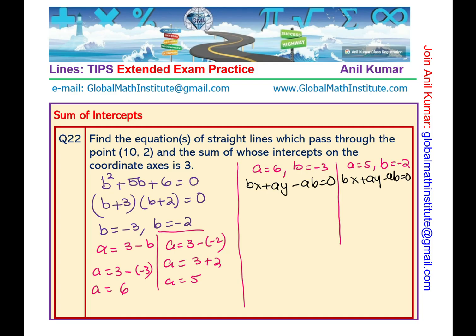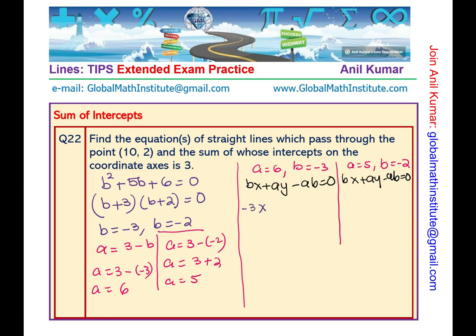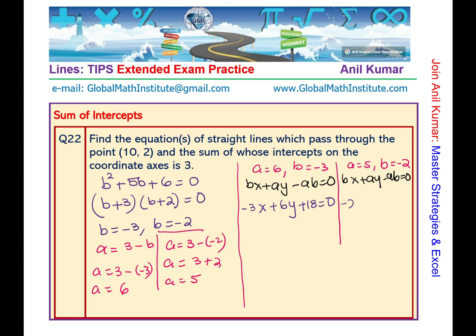Substituting a and b values, b is minus 3, so one equation is minus 3x plus 6y, minus a times b, so minus minus becomes positive, 18 equals 0. The other one is b is minus 2, so minus 2x plus a y, which is 5, so plus 5y, minus ab means plus 10 equals 0, right?